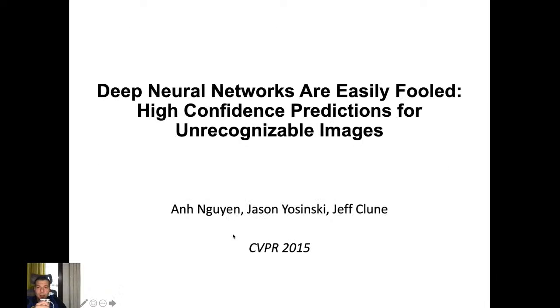Okay, so the next paper is on deep neural networks are easily fooled: high confidence predictions for unrecognizable images. This is somewhat related to adversarial examples, but here they show larger variations of examples that are adversarial. They go in another direction, so the examples are not necessarily natural images.